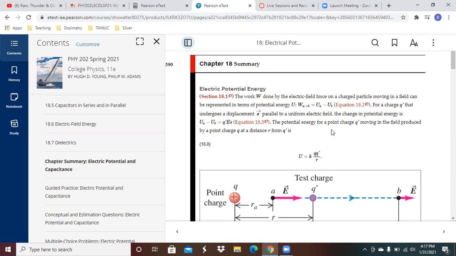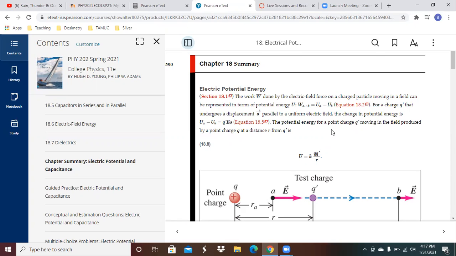We're going to take some of the more fundamental definitions that we had in chapter 17 and apply them here, so that we can have a more robust fundamental view of how work and energy can apply not only in a mechanical sense, but also in an electrical sense.